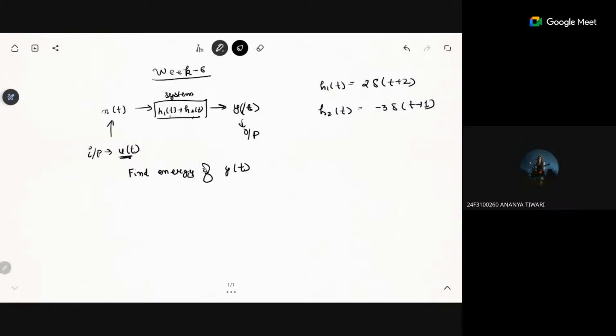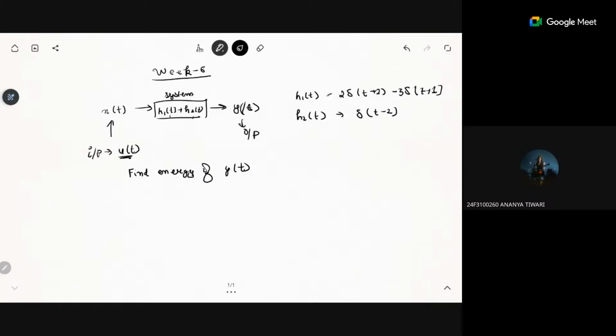There's one correction. Your h1(t) is altogether 2 delta(t) plus 2 minus 3 delta(t) plus 1, and your h2(t) is simply delta(t) minus 2.